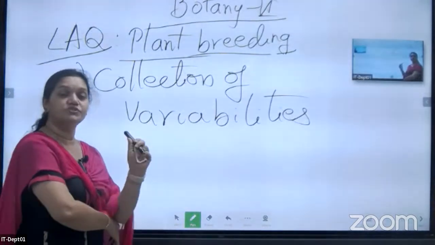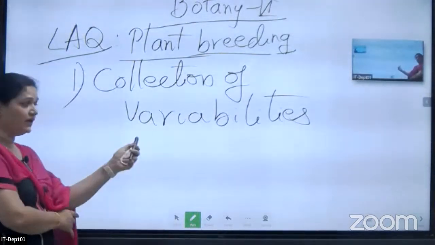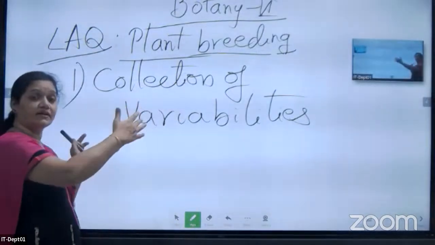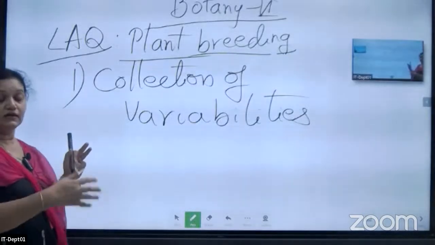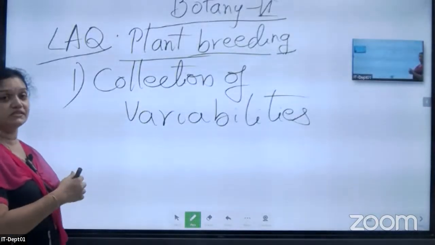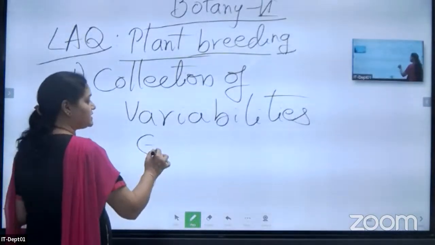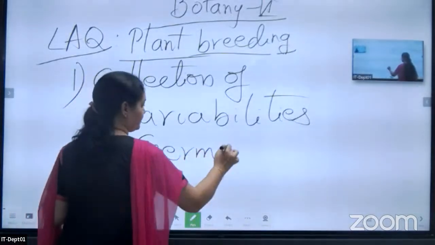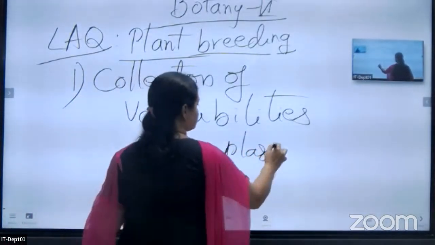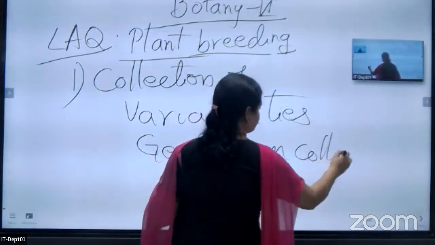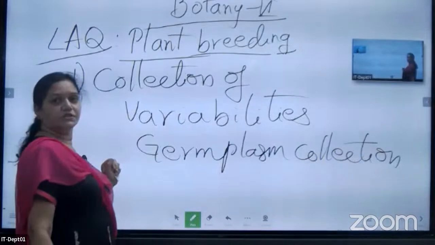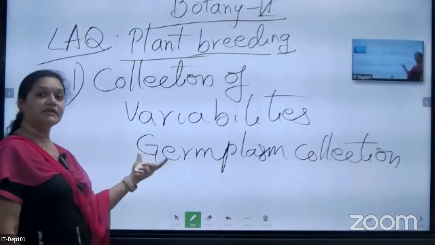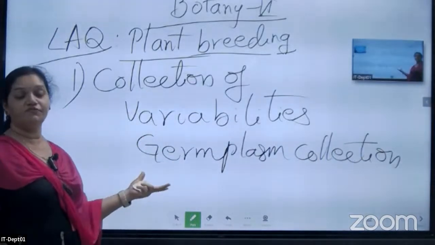So what we have to say here is, when we have collected plants of different qualities in the same variety, that is called the germplasm collection. Here we are selecting plants from the different varieties.